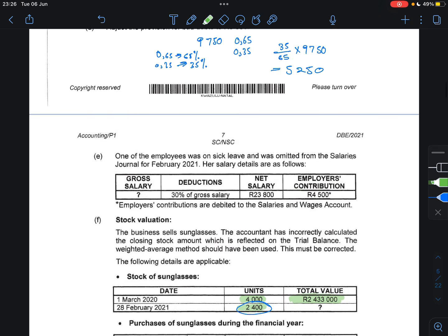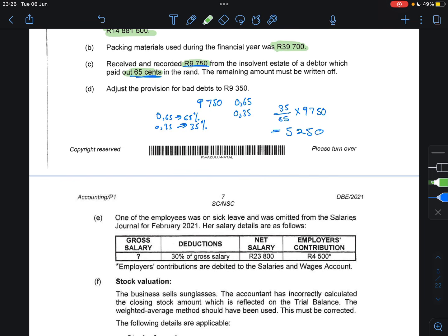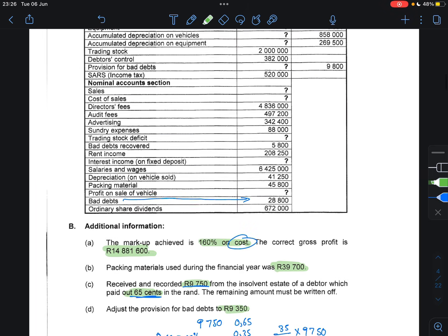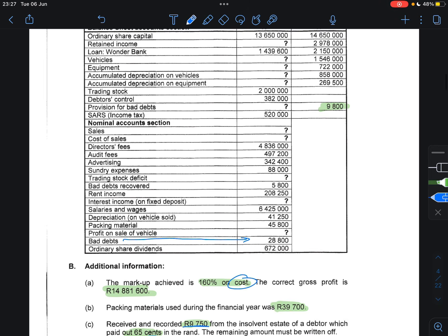Remember that you need to be as quick as possible when you are working your accounting questions, because the time is really not there when you are writing that test or exam. So now we are adjusting the provision for bad debts to 9,350. Let's check how much it was the previous year. The previous year it was 9,800. So our adjustment for bad debts has, oh sorry, my bad, it has decreased.